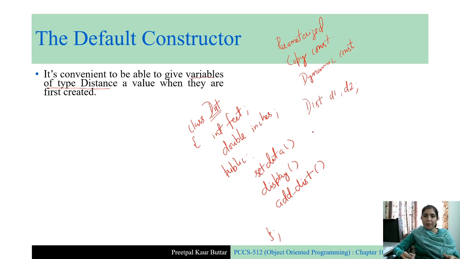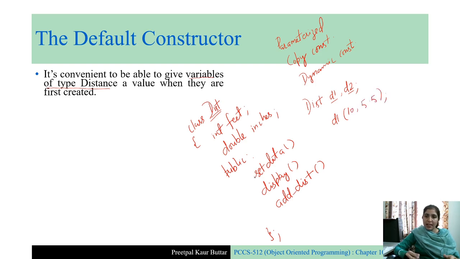It is convenient if we can assign them values when they are first created. We want to initialize them when they are first created, so it becomes easy for us.